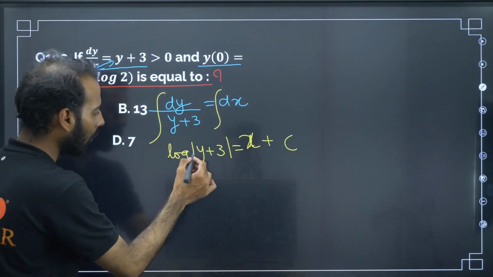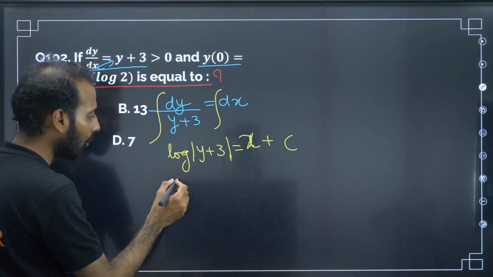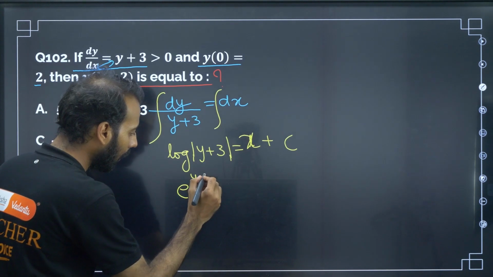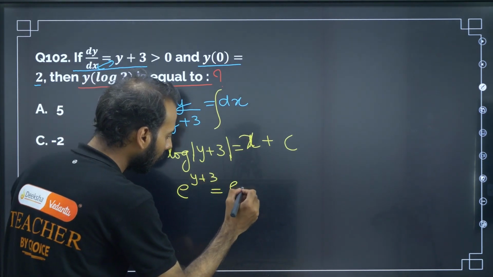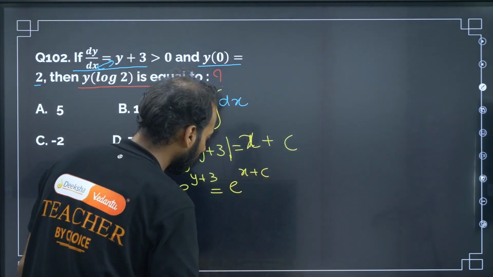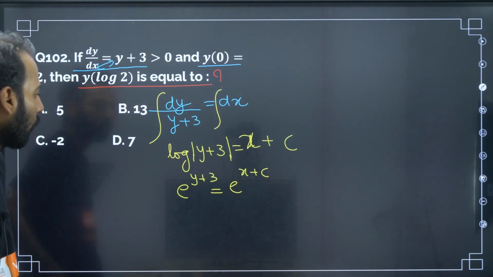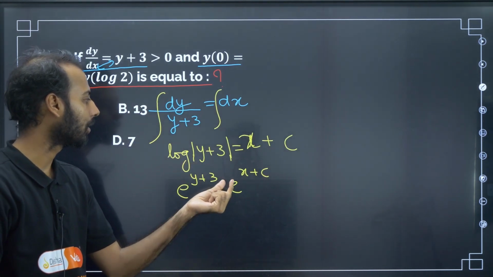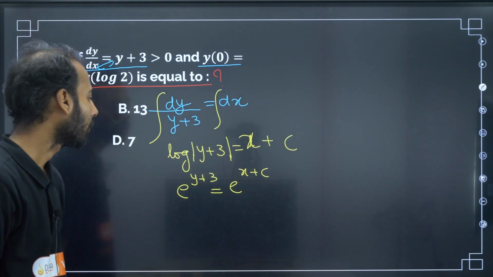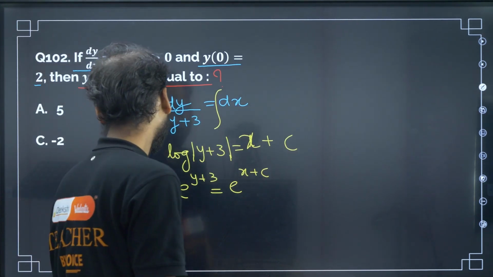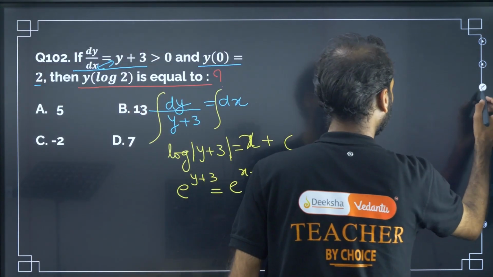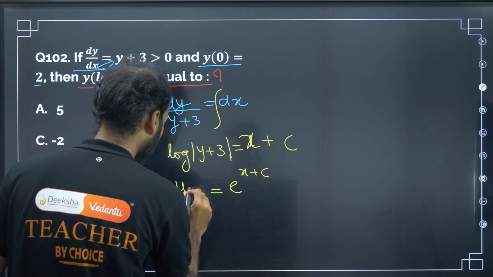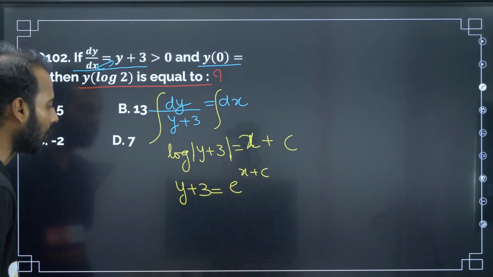Now if I apply the exponential function on both sides, this becomes y plus 3 is equal to e raised to x plus c. The moment I apply exponential, this log and this exponential cancel, and we get y plus 3 is equal to this.